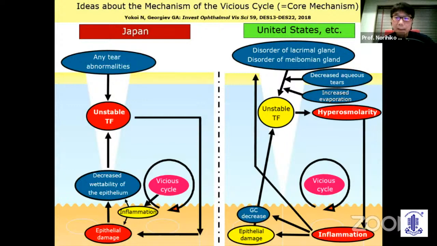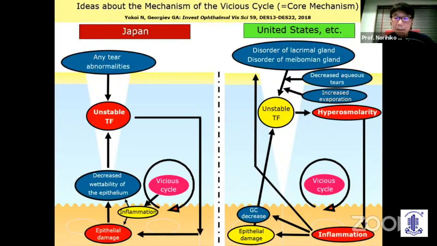Ideas about the mechanisms of the vicious cycle of dry eye vary between Japan and the United States and elsewhere. In Japan, we pay more attention to unstable tear film when considering the vicious cycle. From this aspect, any tear abnormalities or decreased wettability of epithelium will cause unstable tear film, which results in epithelial damage.